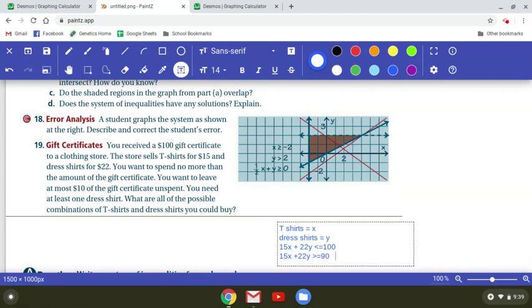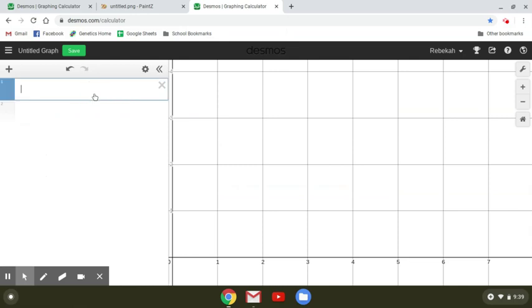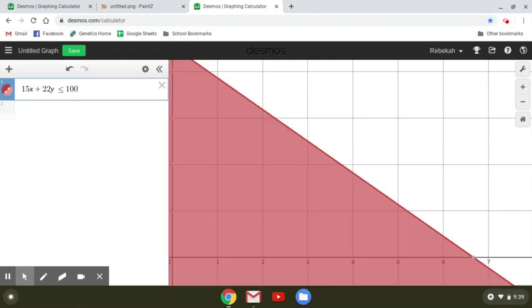All right, so you need at least one dress shirt. So dress shirts were y, so y has to be greater than or equal to 1. All right, so let's go graph those three things on Desmos. So we said, over to Desmos, 15x plus 22y has to be less than or equal to 100.